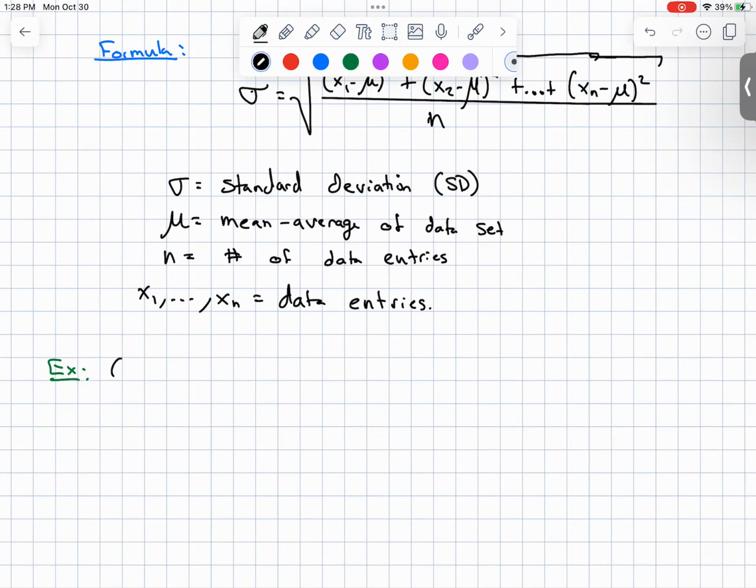So example: calculate the SD, the standard deviation, of the set 55, 42, 77, 63, 63, and 71. And round to the hundredths.